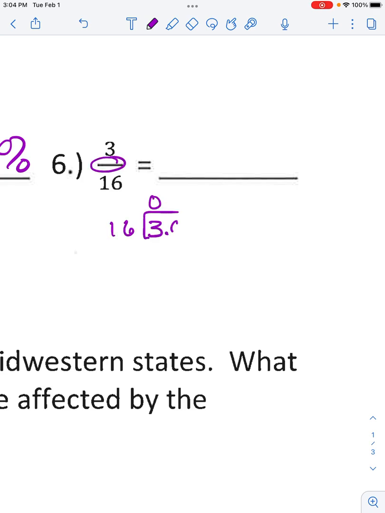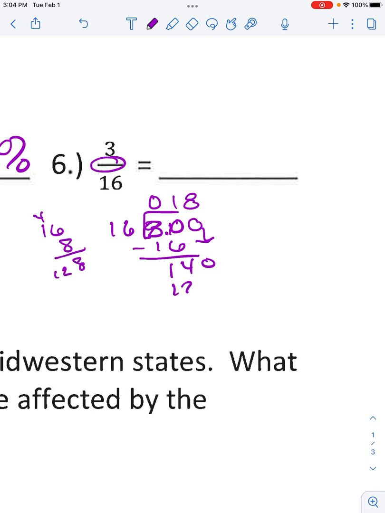3 divided by 16. Top number always goes on the inside. 16 into 30 will go once. Add a 0 and bring it down. 16 into 140 goes 8 times, which is 128.